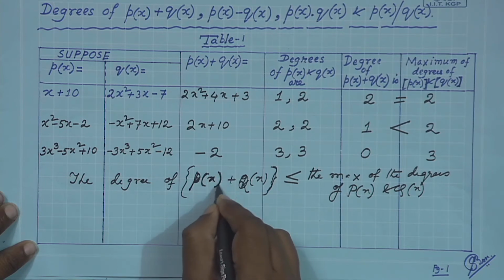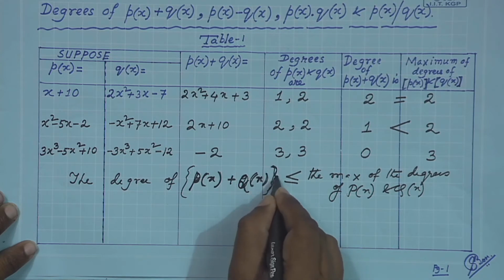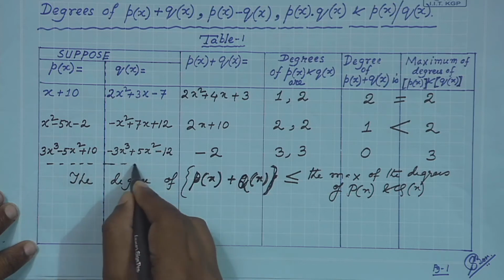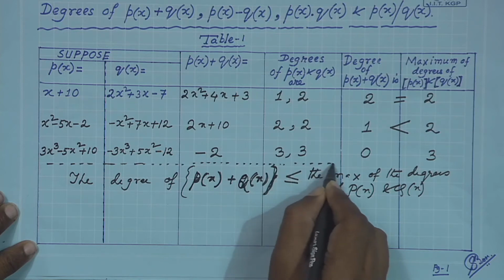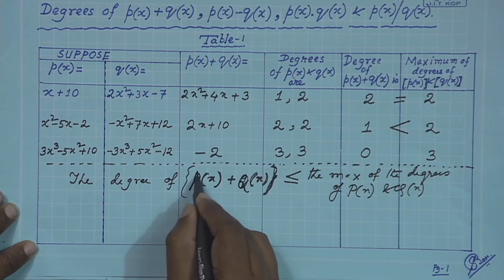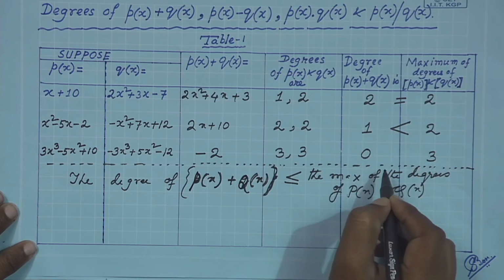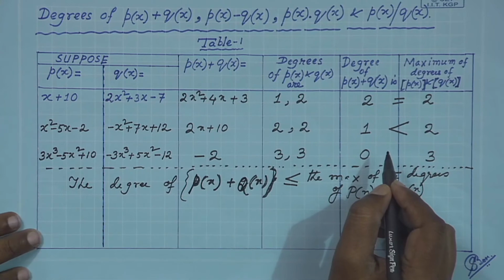I am using two capital letters P and Q for the polynomials here for this very statement. For the previous examples, I have used small letters, but we can use the capital letters also. For the final conclusion, I am taking the capital letters. The degree of P(x) plus Q(x) is less than or equal to the maximum of the degrees of P(x) and Q(x). Are you getting this result? Yes, sir. And this is being supported by the previous 3 examples.